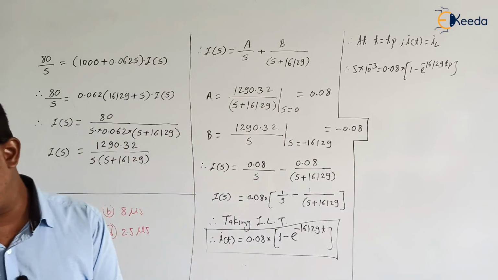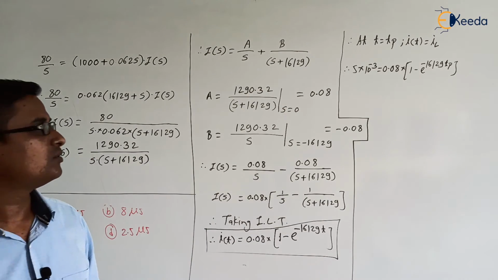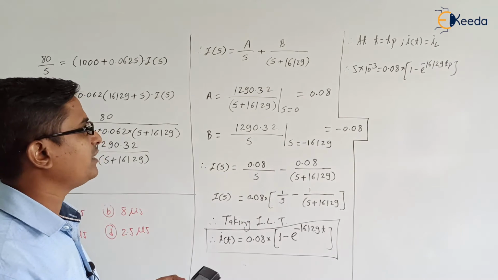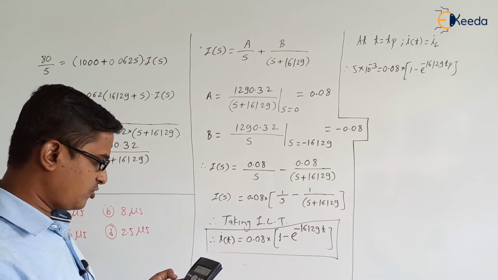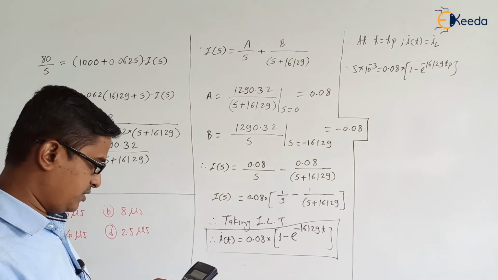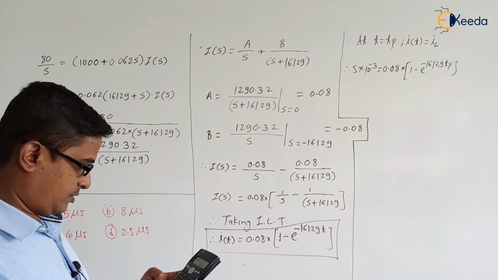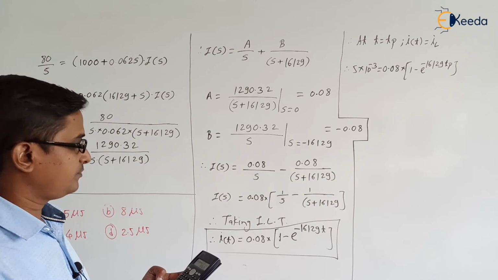So from this can we find Tp? Yes, we can find Tp. Are you getting the point? Tp indicates the pulse width of the gate signal. So we can write it as 0.005 divided by 0.08, right? So 1 minus answer.